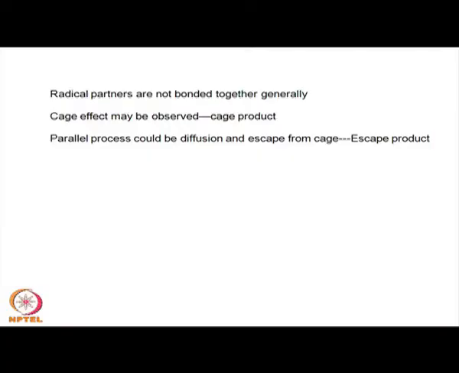The moment it is created, it is surrounded by solvent, which means it is within the solvent cage. It initially maintains some parental overall spin, maybe singlet or triplet, depending on its spin parentage. So a cage product may be observed.